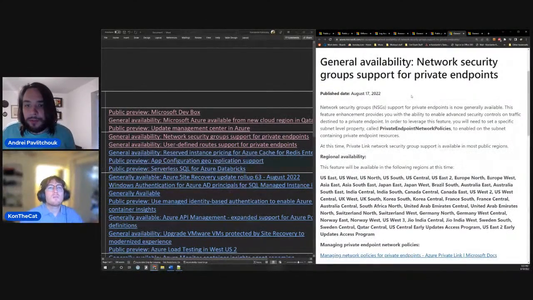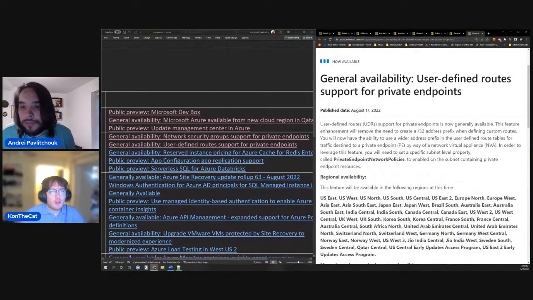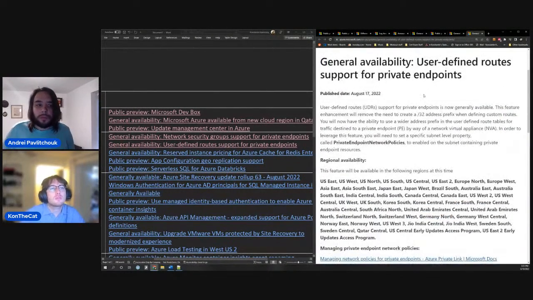So, network security group support for private endpoints. And then the same user-defined route support for private endpoints. For the general audience, can you explain what that means?